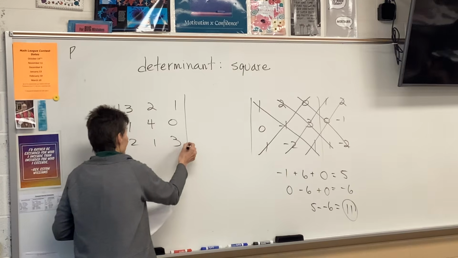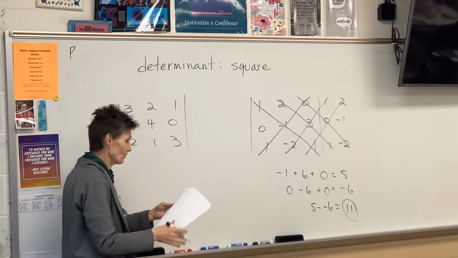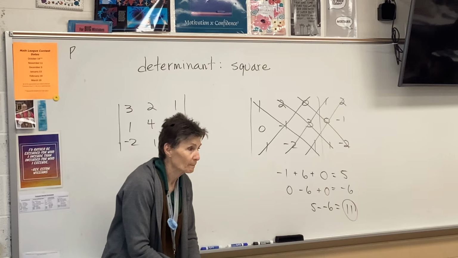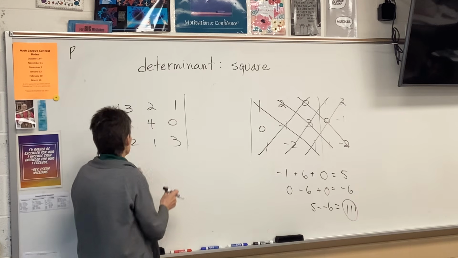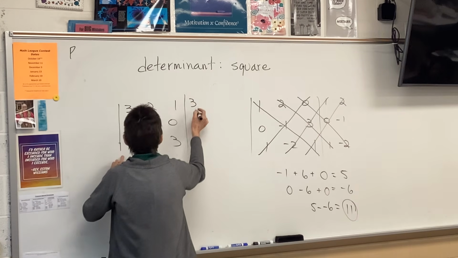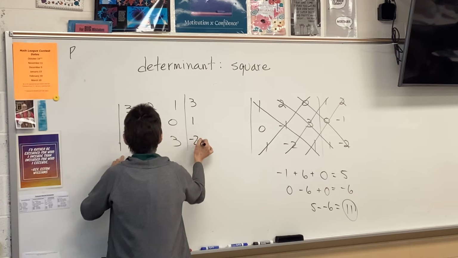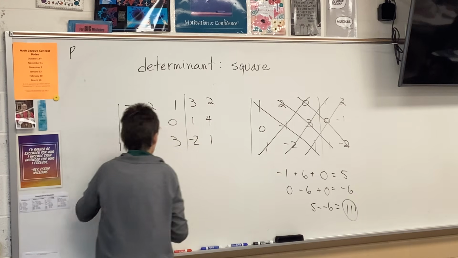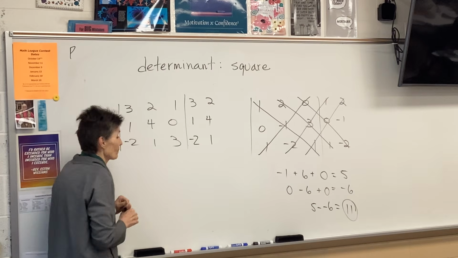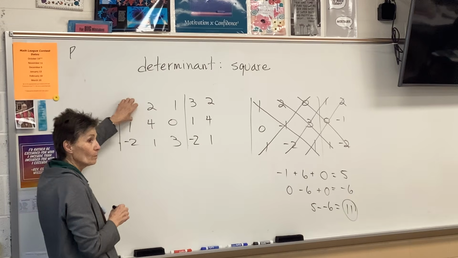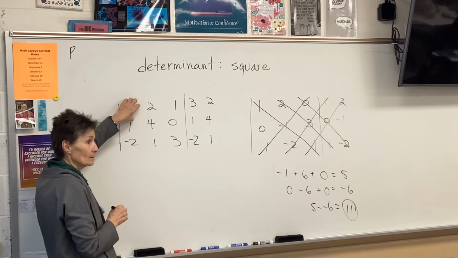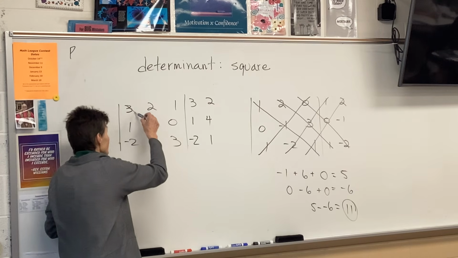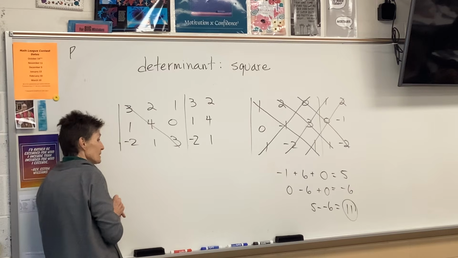All right, can you remember the steps? What do we do first? We're going to evaluate this determinant. We rewrite the first two columns, and we're very careful, trying to keep organized. And then we always start here. Always start here. And multiply those three numbers together.